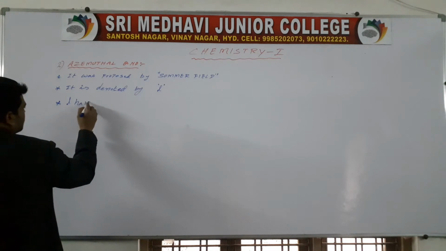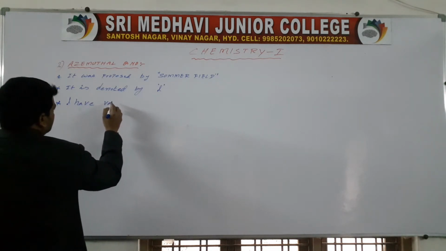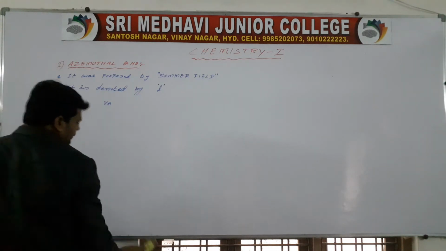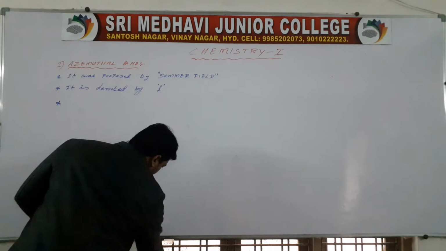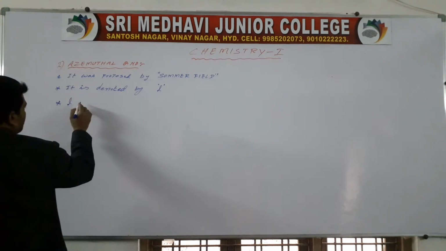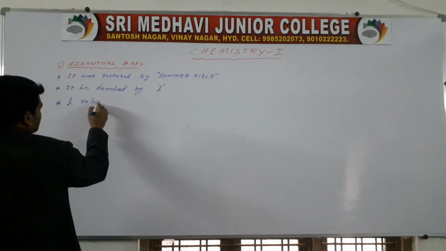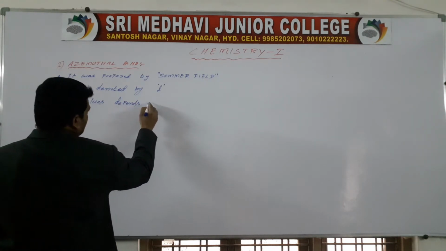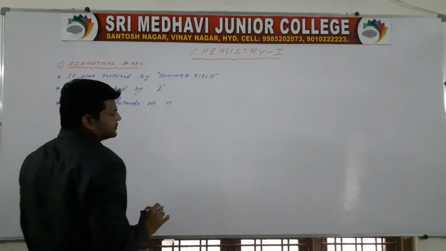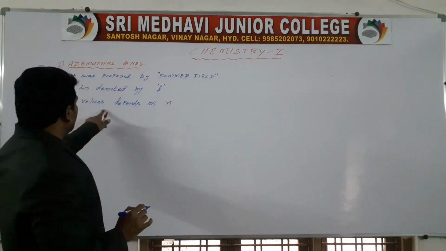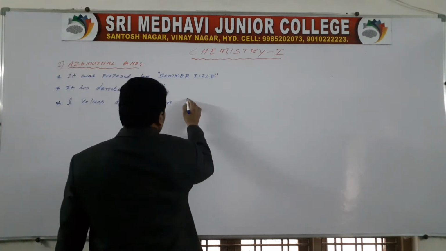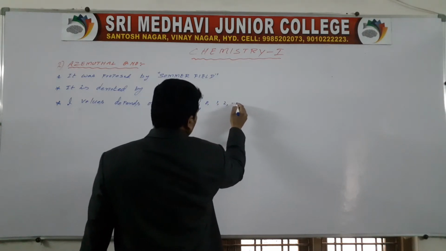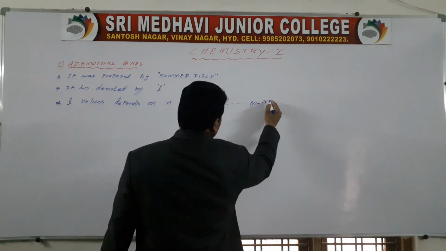L has values. L values depend on n. So L equal to 0, 1, 2 and so on up to n minus 1.